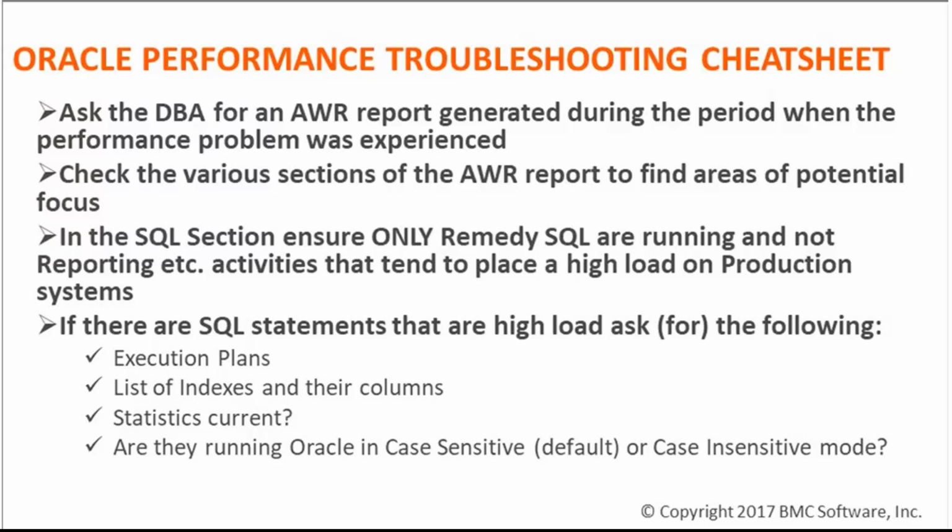Oracle runs statistics by default at midnight every day. But of course, you can configure a non-standard statistics gathering, optimize the statistics gathering. So one of the things that you might want to do is to ask the DBA, are statistics on the tables involved in the SQL statement current?